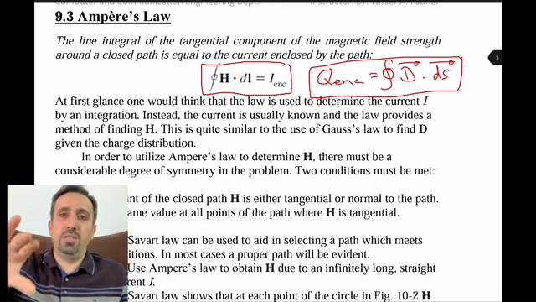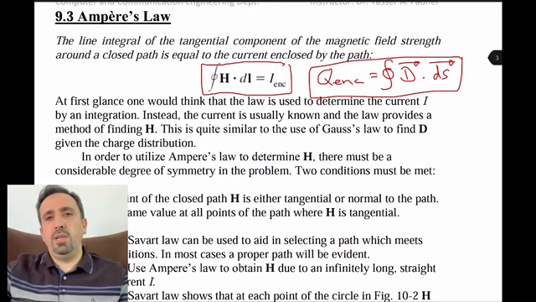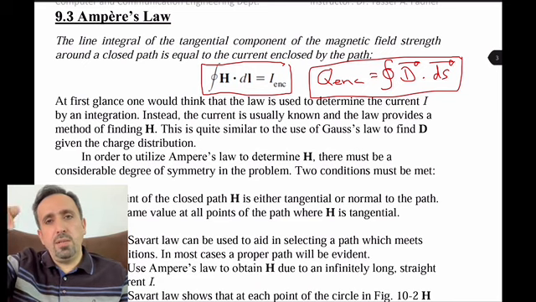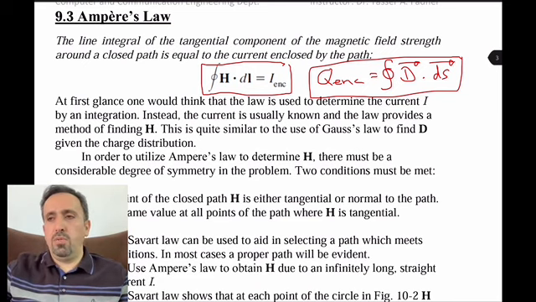For each section, the electric flux density must be equal. The last condition for Gauss, if you remember, is that all over the surface, the electric flux density must be either normal or tangential.